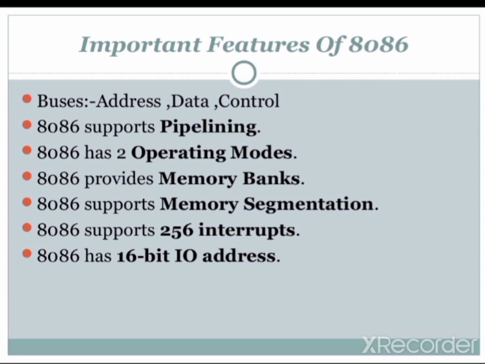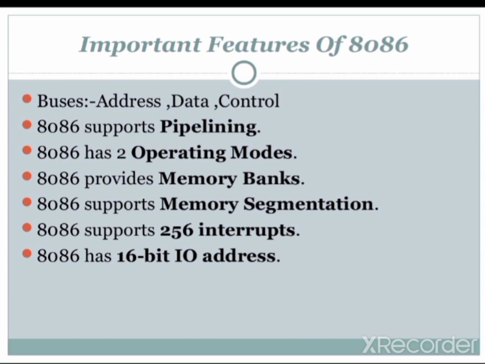So by using 20-bit address lines, it can access 1 megabyte of memory, and by using 16-bit input output address, it is able to access 64K input output devices. Then it is operated in maximum and minimum mode.